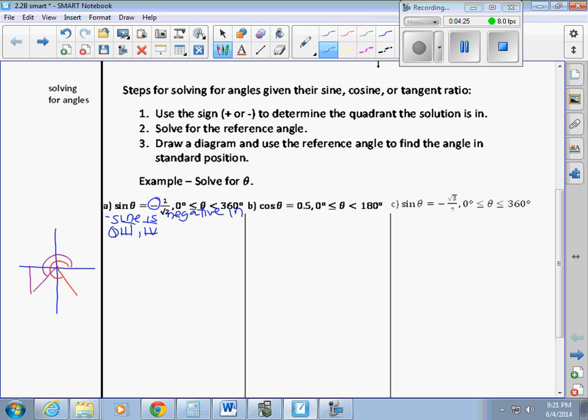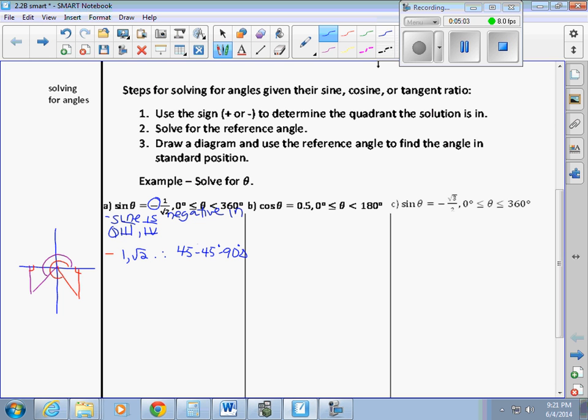So if I finish off my triangles, I need to find then my reference angle. So if I take a look at this, my ratios are 1 and square root 2. So 1 and square root 2 means that I have to use, therefore I'm using, the 45, 45, 90 triangle.